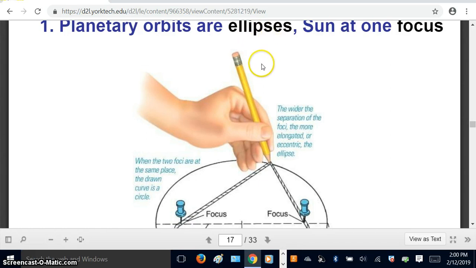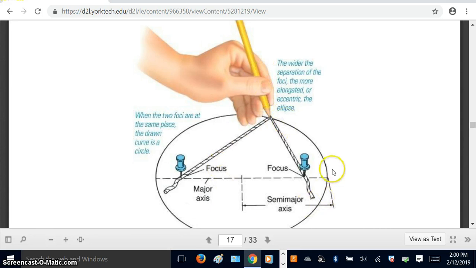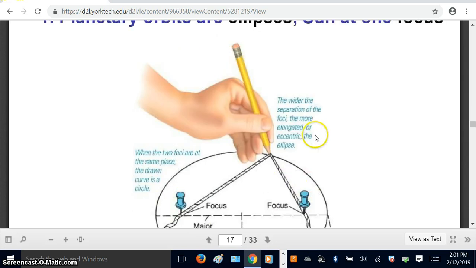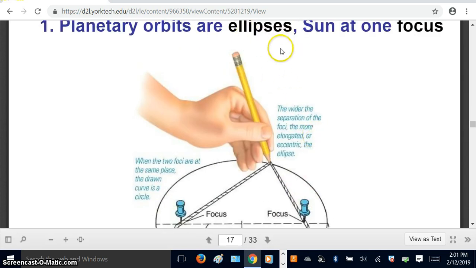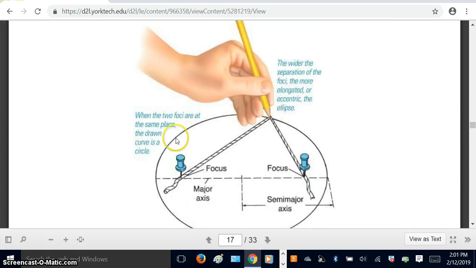But he couldn't get the data to fit that, and he knew the data was as accurate as you could get from Tycho Brahe's observations, and so he realized that the data showed that the planets don't travel in a perfect circle, but in kind of an elongated circle called an ellipse.